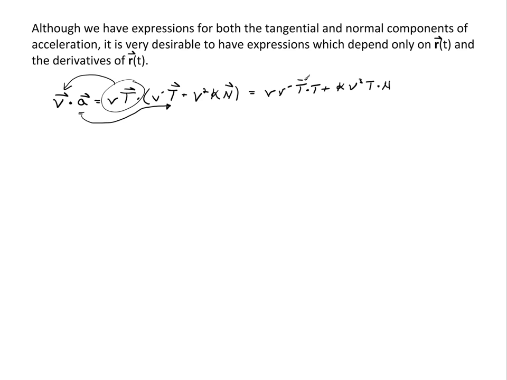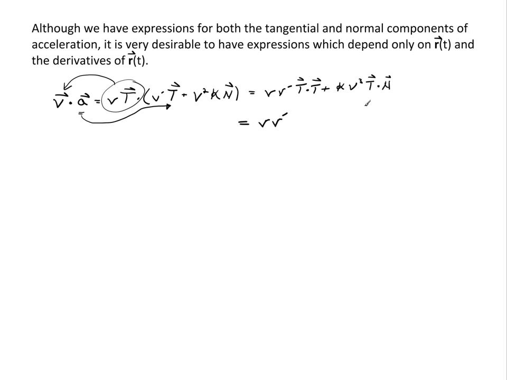Now remember, these are all vectors, and these are all unit vectors. So the magnitude of t is 1, and the dot product is really a multiplication of the magnitudes. So 1 times 1 is 1. So this is really nothing more than v prime, and then I have plus kappa v cubed times t dot n.